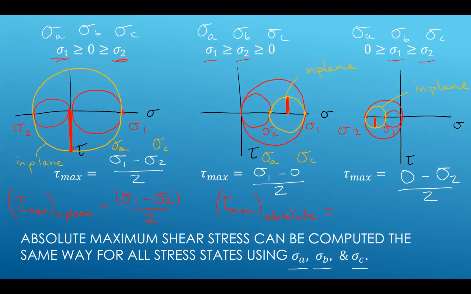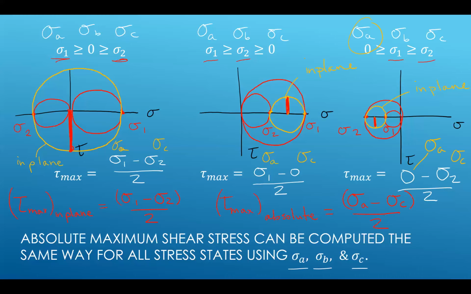So now we plug in 0. Well, we know that that is sigma A in this case, and sigma 2 is sigma C. You can see that these are all really the same equation. That the absolute is sigma A minus sigma C over 2.